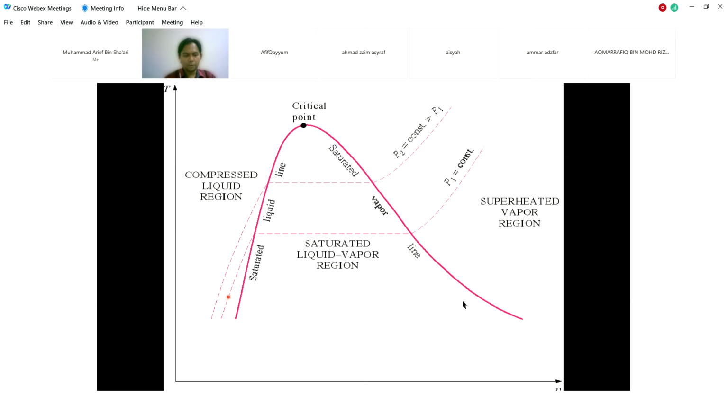So, for example, if the pressure is P1, just focus on this P1. If the point is located here, the phase is compressed liquid, because this is the compressed liquid region. So any point located in this region, for example here, the phase is compressed liquid. And then move to here. If the point is located here on this curved line, the phase is saturated liquid.